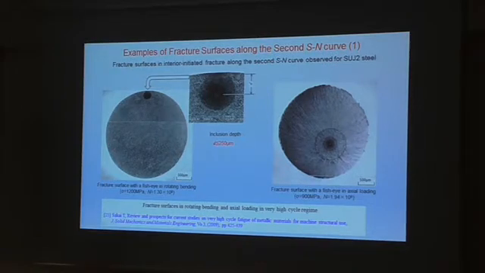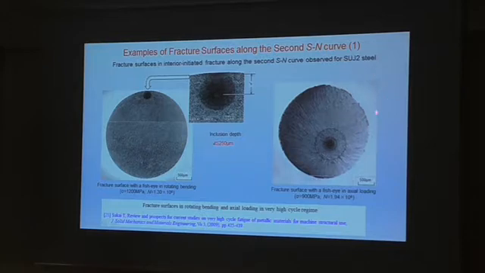Now let me show you some examples of the fracture surfaces along the second S-N curve in the very high cycle regime. Okay. So this is the fracture surface failed in rotating bending, and you can observe the very clear fissure here, and we can find an inclusion at the core portion of the fissure.